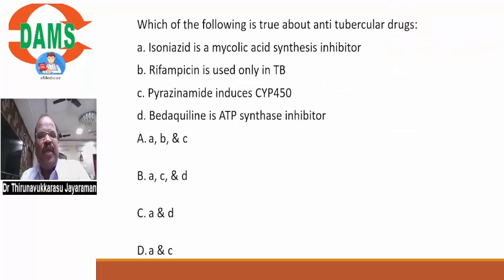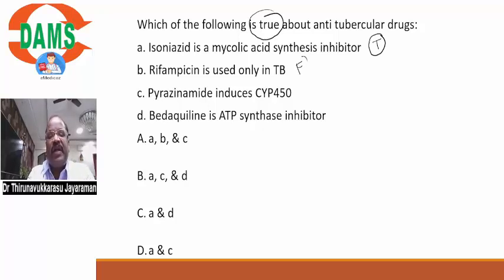Which of the following is true about anti-TB drugs? Isoniazid is a mycolic acid synthesis inhibitor. Yes, true statement. Isoniazid acts on the cell wall of the TB bacilli, inhibiting mycolic acid. Rifampicin is used only in TB? No, false statement.